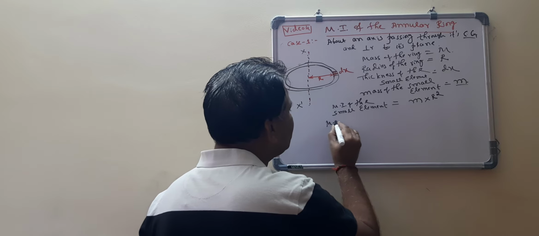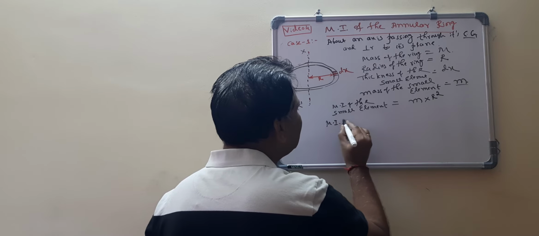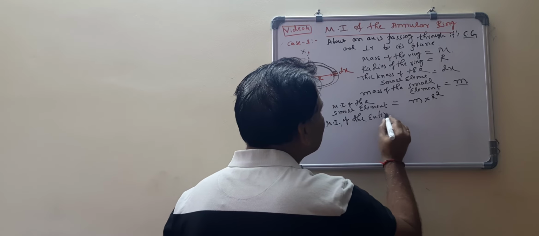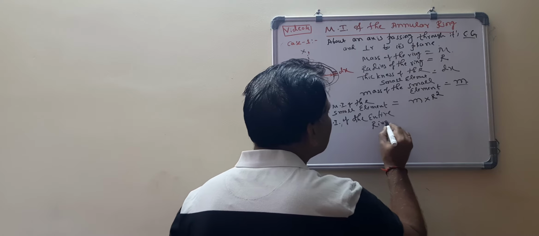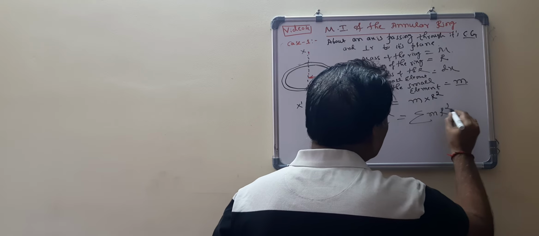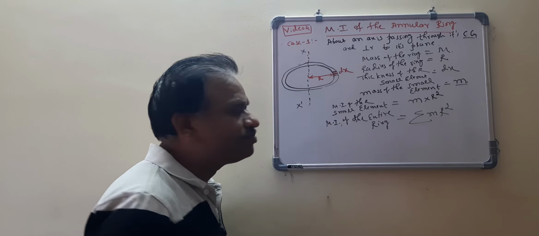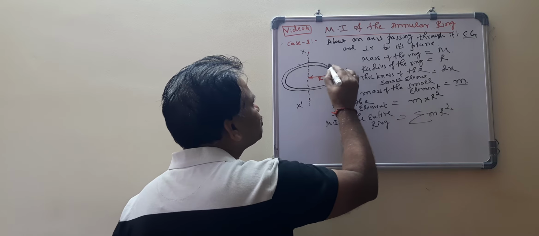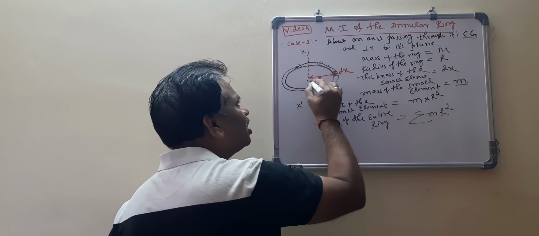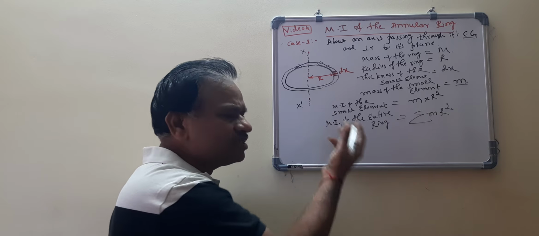Next, moment of inertia of the entire ring equals summation of m into R square. Similarly I am considering small elements, all at the same distance, because it is a circular ring.